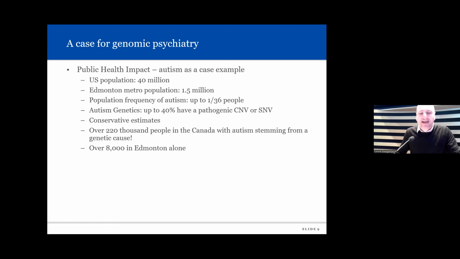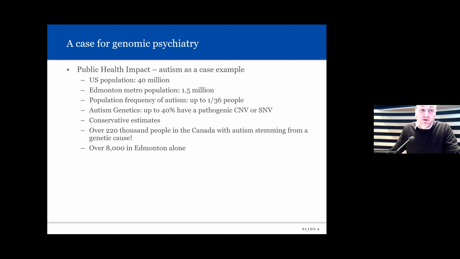Oops, I just moved from the US and I noticed that I left the US title in there, but these are Canadian numbers. So we know that our Canadian population is about 40 million and the Edmonton metro population is about 1.5 million, or 1.5 million and two, since me and my wife moved here a couple of months ago. And we also know that the population frequency of autism is up to 1 out of every 36 people.